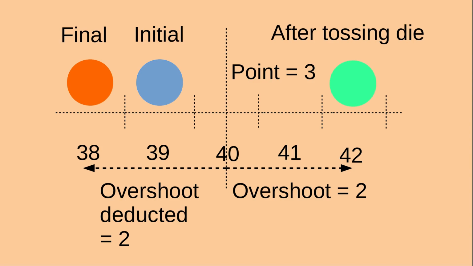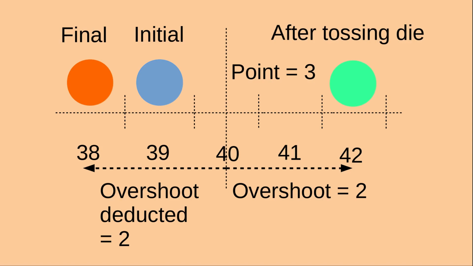Since 42 is beyond the final position, which is 40, by 2 steps, it means that the overshoot will be 2 steps, which is obtained by subtracting 40 from 42. 40 is the finish point, and 42 is the result after we toss a die.